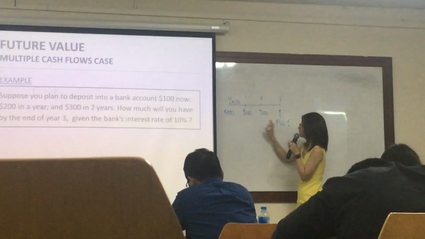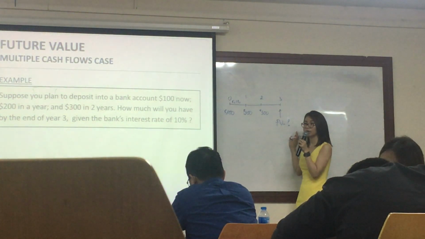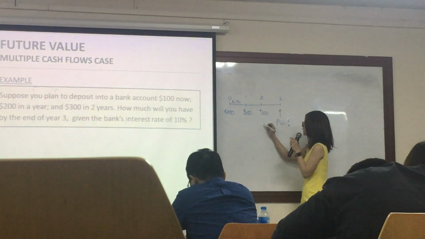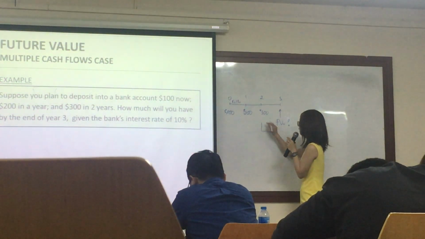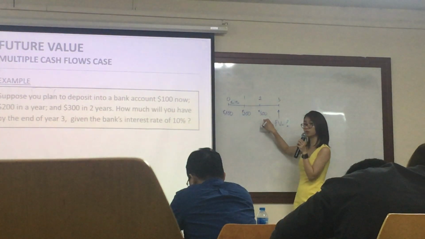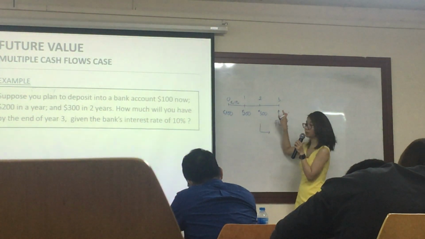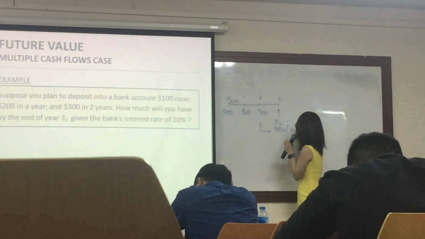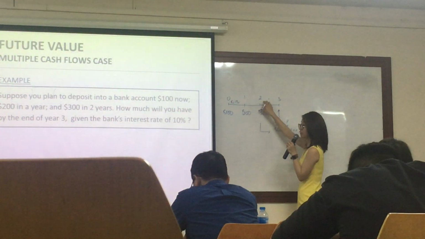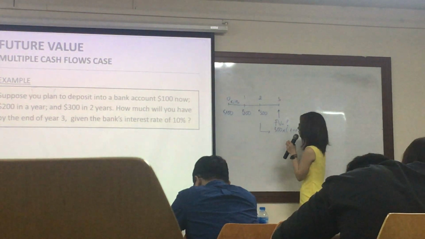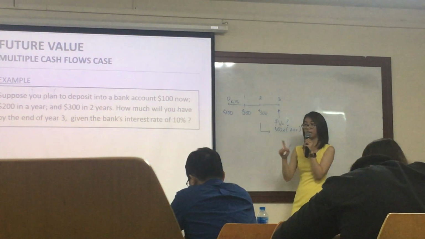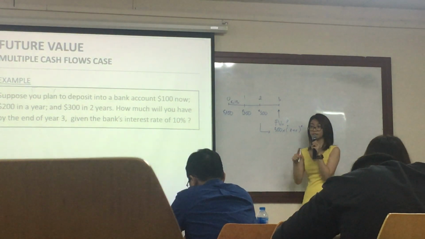So for year 2 to year 3, you earn interest for 1 year, right? So you find the future value of the $300 you deposit 1 year before year 3. You get $300 multiplied by (1 + r) to the power 3 minus 2, so only 1, because you deposit from year 2 to year 3 only 1 year, and you earn interest for only 1 year.